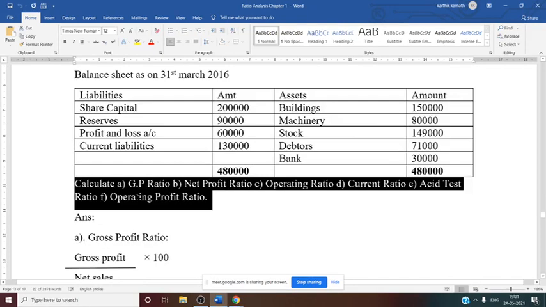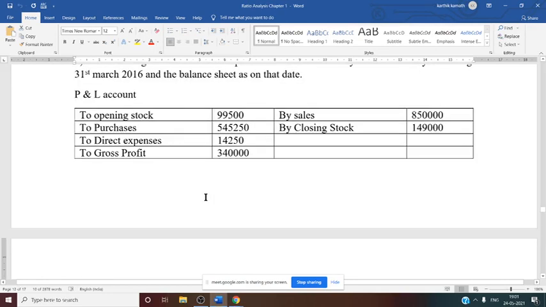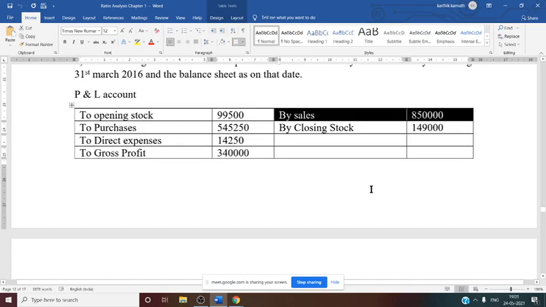So first one, let us see gross profit ratio. The formula for gross profit ratio is gross profit divided by net sales into 100. So if you see here, gross profit is directly given in the P&L account. In the question itself they have mentioned 3,40,000 is our gross profit. Similarly, there is sale information, directly they have mentioned sale.